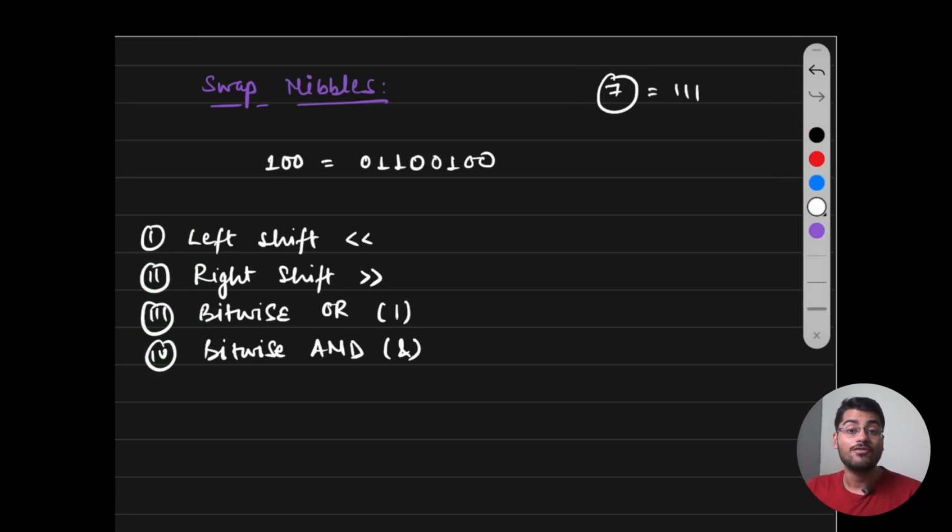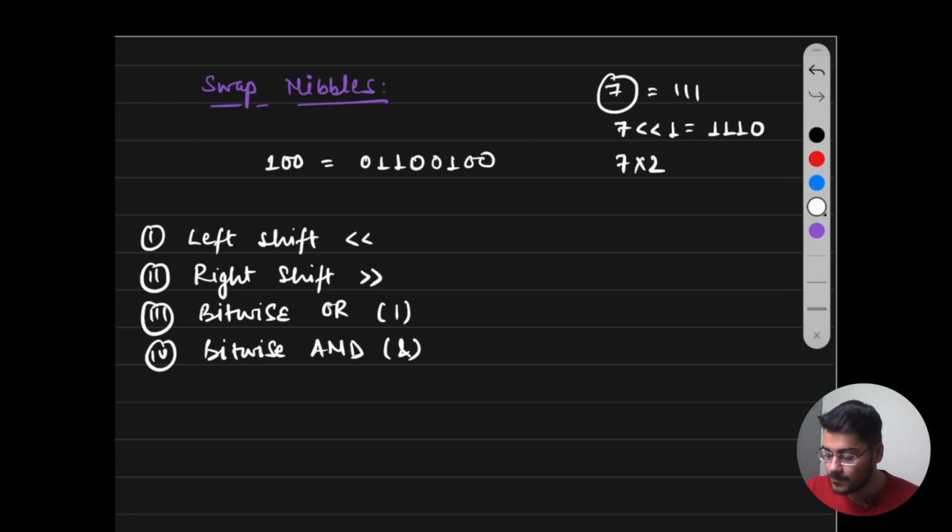Now if we implement left shift on this, let's say we write 7 left shift by 1. It will move all the bits by one place, so the resulting number will be 110. In decimal, it is equivalent to multiplying a number by 2.